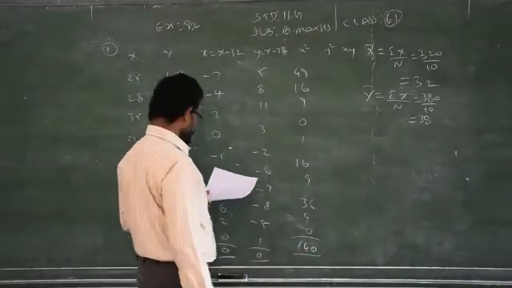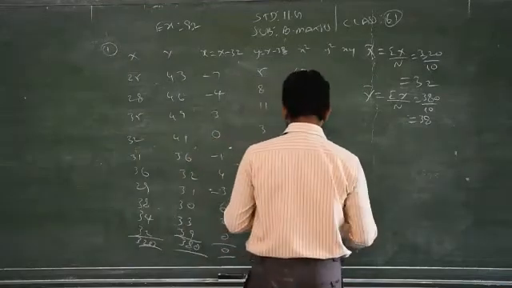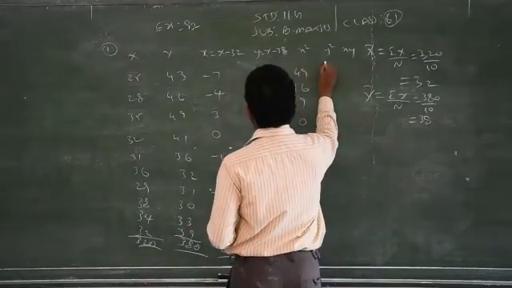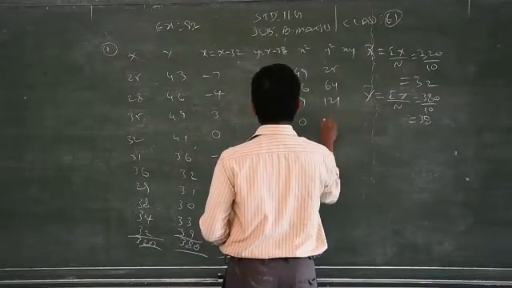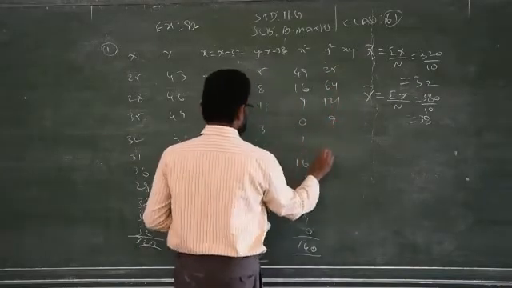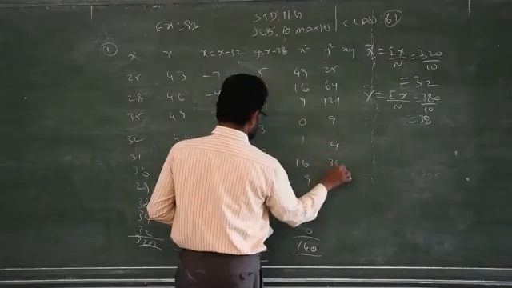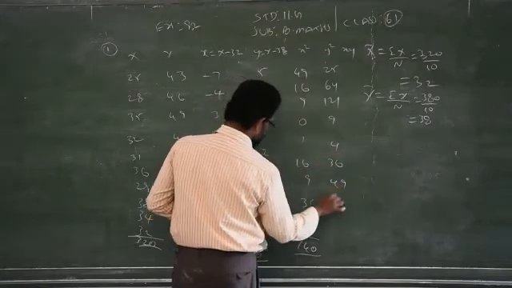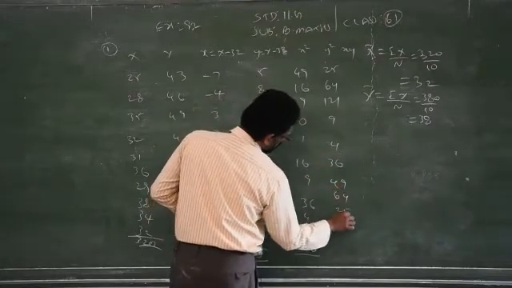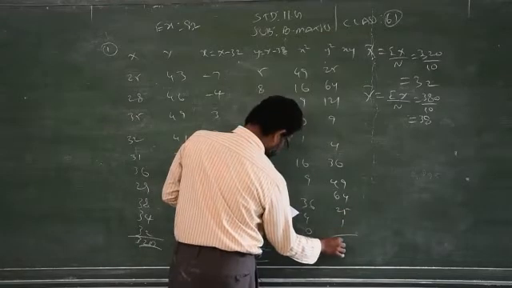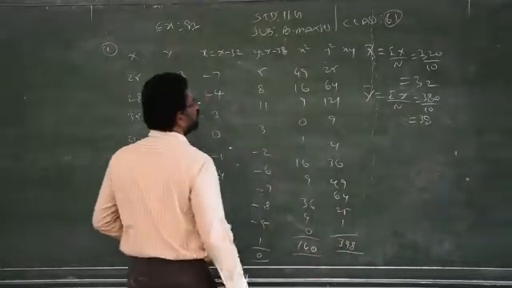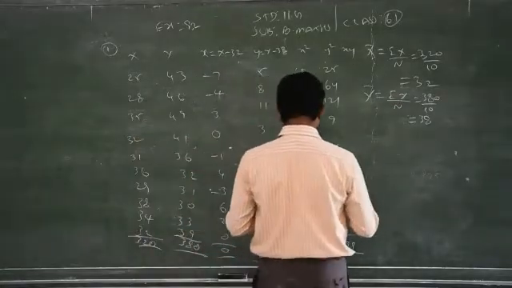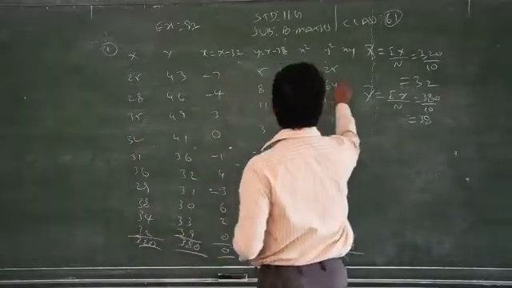The next one similarly for Y square: 25, 64, 121, 9, 4, 36, 49, 64, 25, 1. This total is 398.